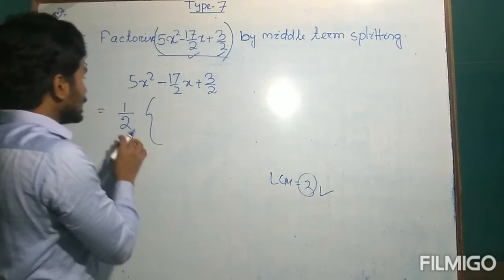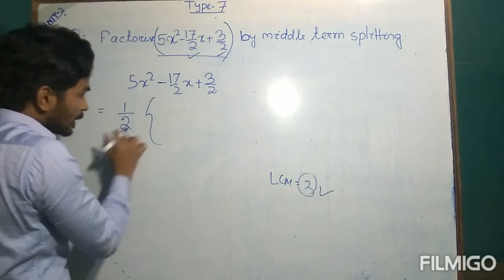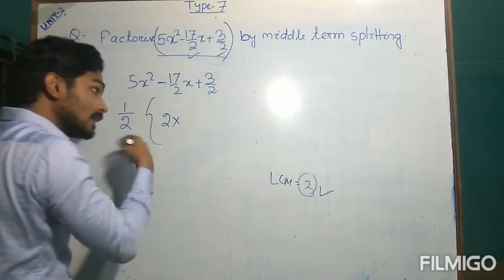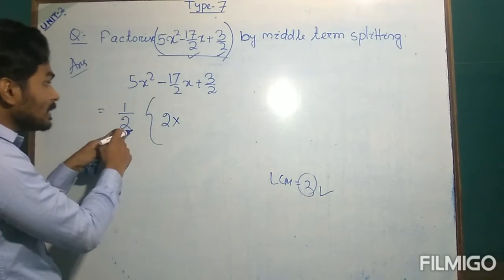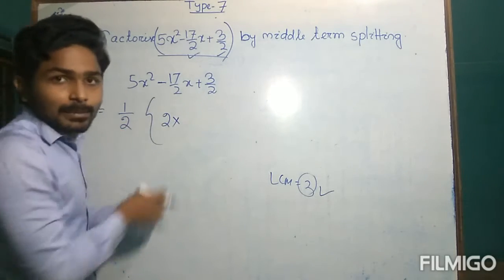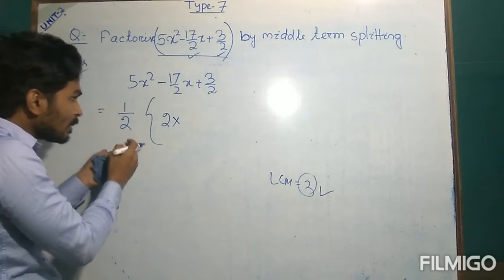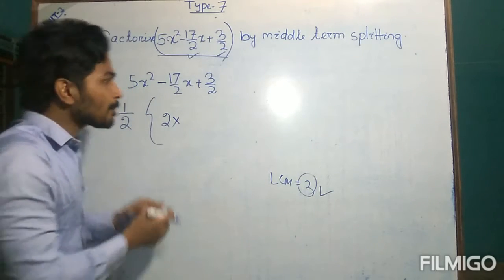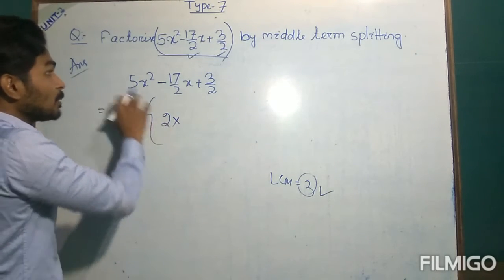Remember it. Since we take 1 by 2 as common, we have to multiply by 2. If we take 1 by 3 as common, then we have to multiply by 3. If we take 1 by 7 as common, then we have to multiply by 7. So 2 is multiplied with each term.